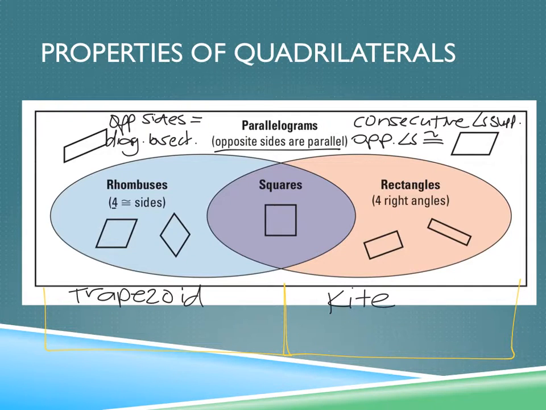In a rhombus, we add that there's 4 congruent sides. Diagonals are perpendicular. And the diagonals bisect opposite angles.